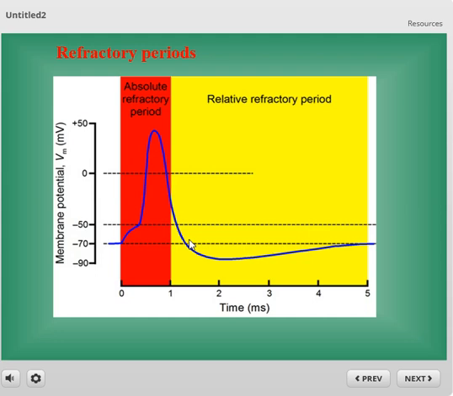The relative refractory period allows for the possibility of a second action potential, but ensures that it is less likely to occur unless there is a significant increase in stimulation.